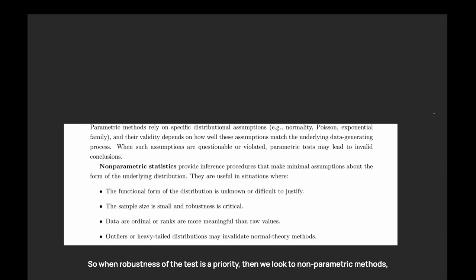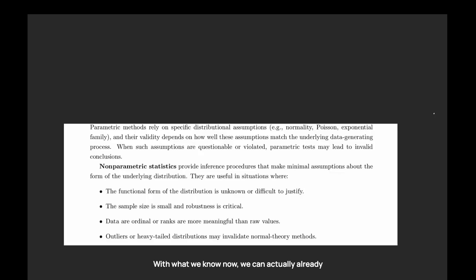So when robustness of the test is a priority, then we look to non-parametric methods which do not require restrictive assumptions about the underlying distributions. This is particularly useful with financial data because we have heavy tail distributions and a significant number of outliers.